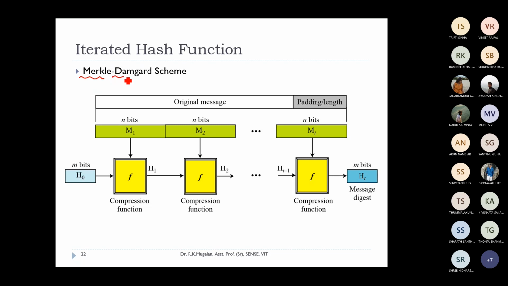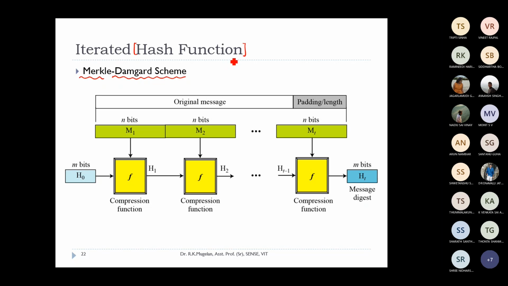All the algorithms which have been designed or are going to be developed with respect to hashing will be based on this Merkle-Damgård scheme. Like how we had our symmetric key block ciphers, if you take AES, DES, and trace back the basic structure, everything leads to a simple product cipher. In the same way for hashing algorithms, the Merkle-Damgård scheme is the base.